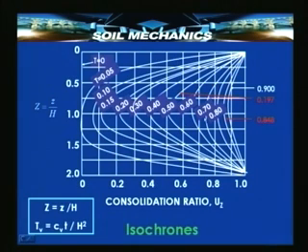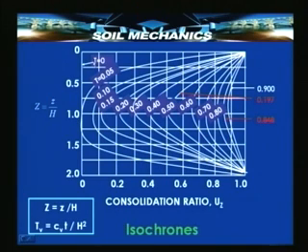Keeping the time factor T constant, and making it range from 0 to 0.9 in steps of 0.05, we can generate a series of curves as shown here. These are all the curves, each one corresponding to a different time, but with constant value at all points on a given curve. Those are therefore known as isochrones.